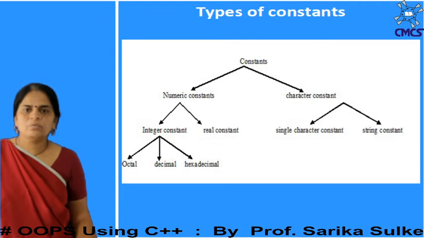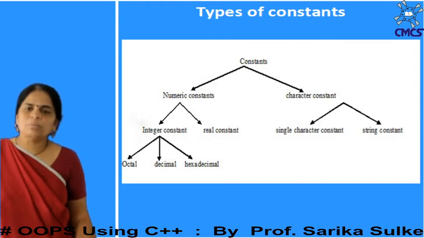Suppose an integer constant is 15. The value 15 can be a decimal integer constant, an octal constant, or a hexadecimal constant. So how do we differentiate this value in these three systems: octal, decimal, and hexadecimal?